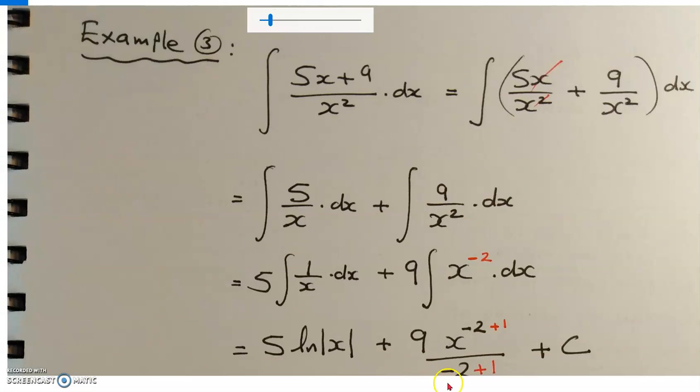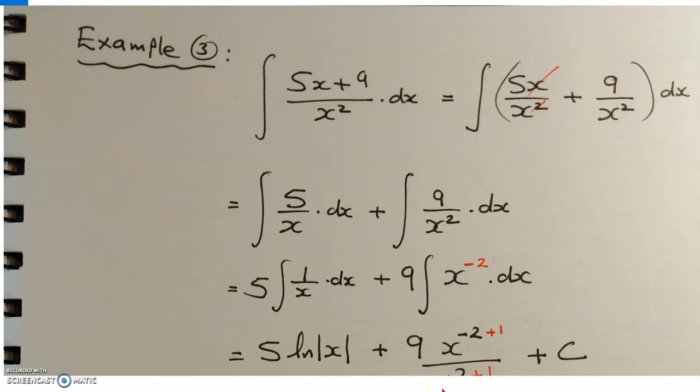Okay, here we go. So example 3, you've got the same problem. Everything is over the same denominator. This time we've got an x squared on the bottom. So we split it up. We've got 5x over x squared, and 9 over x squared.